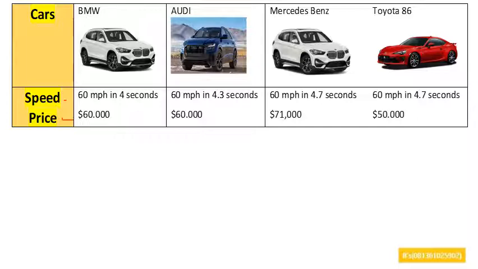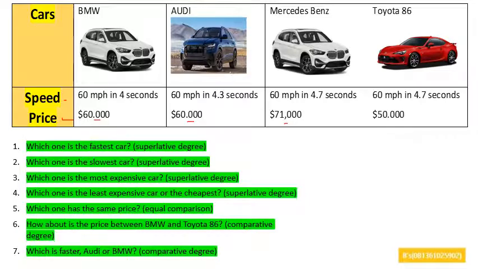There are some similarities in the prices, like the Audi at 60,000 US dollars, the same price, the same amount of money as the BMW. And Mercedes-Benz is the most expensive car of the cars in the picture.